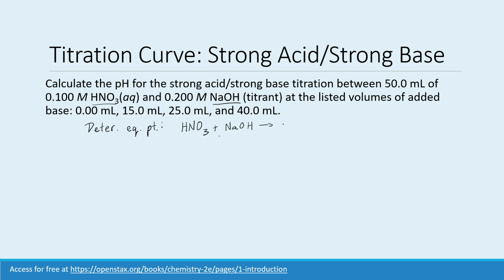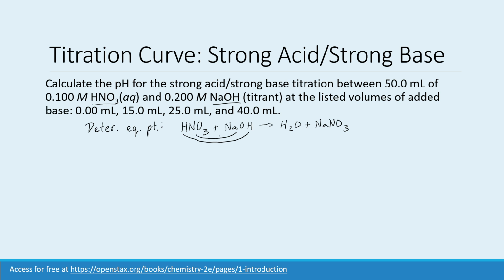And so of course we're going to form water and the inert salt, the other product being sodium nitrate. Okay, with this reaction we know that everything is a 1-to-1. If you balance it out, you'll see that we didn't have any 2-to-1 ratios there.